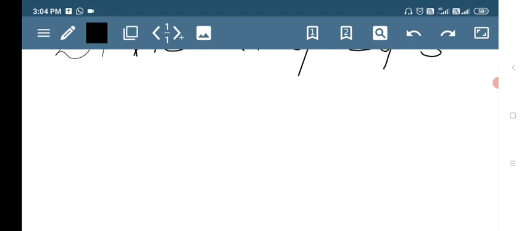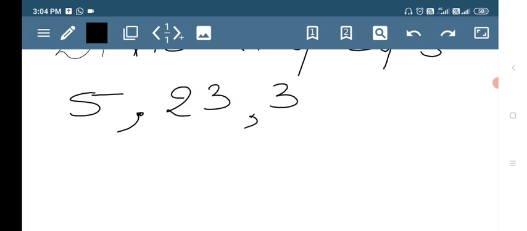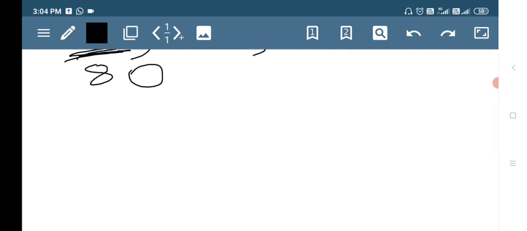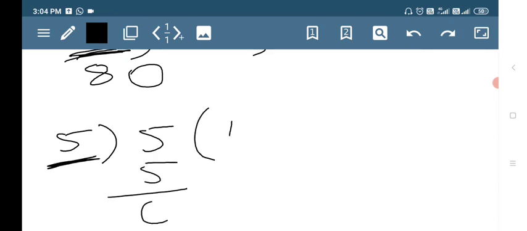First, let us take a few numbers: 5, 23, 35, 76 and 80. So let us check. Try to divide 5 by 5, because we are checking the divisibility test of 5. 5 ones are 5, remainder 0. Yes, it is completely divisible by 5.